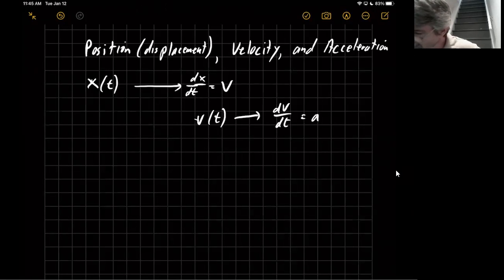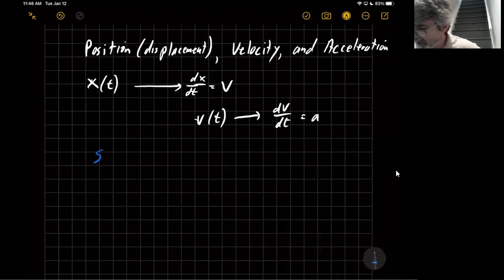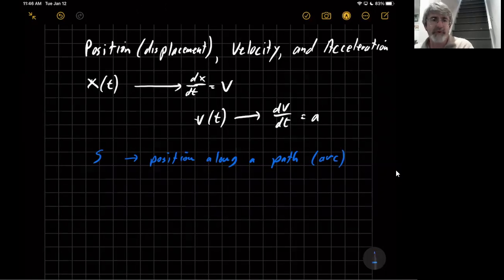Now, your textbook in math uses S for position. The reason it uses S for position or displacement is that this is your position along an arc, or along a path, maybe is a better way of saying that. And remember, S had been used for arc length. As you move, you don't necessarily move along the x-axis in a straight line.